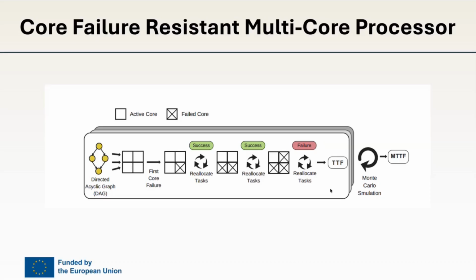So either all the cores work, or the chip dies. But this technology, the core failure resistant, allows the chip to survive one or multiple core failures, and the cores which are still functional continue to work even if their fellow cores are no longer working.